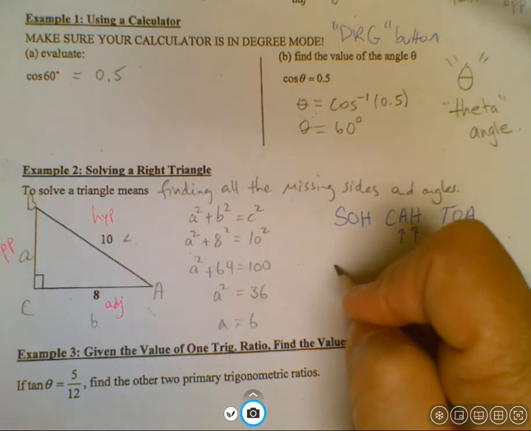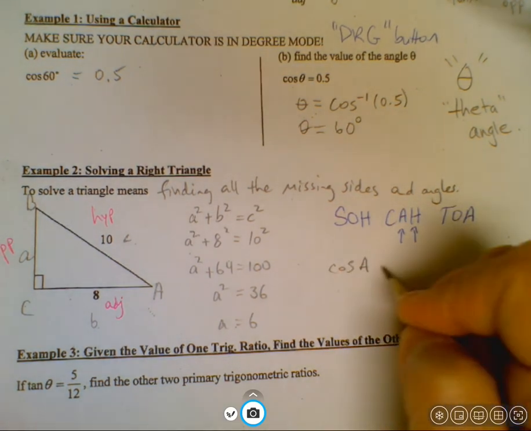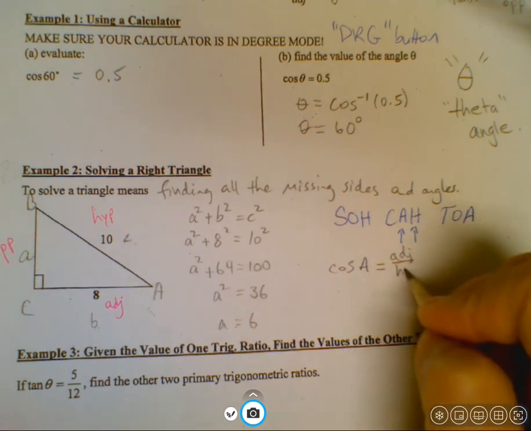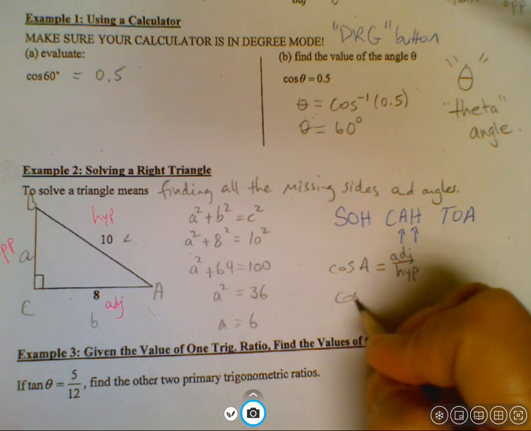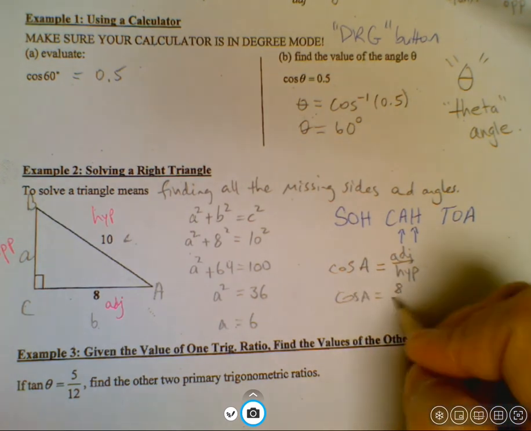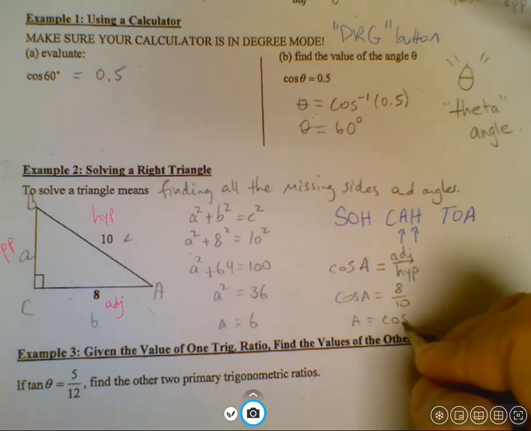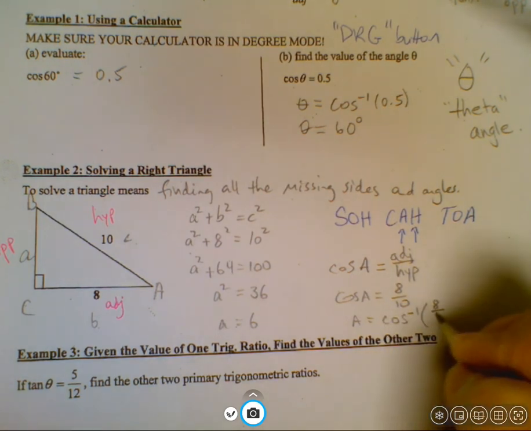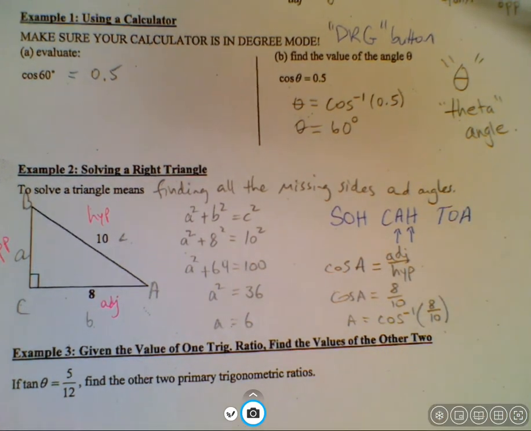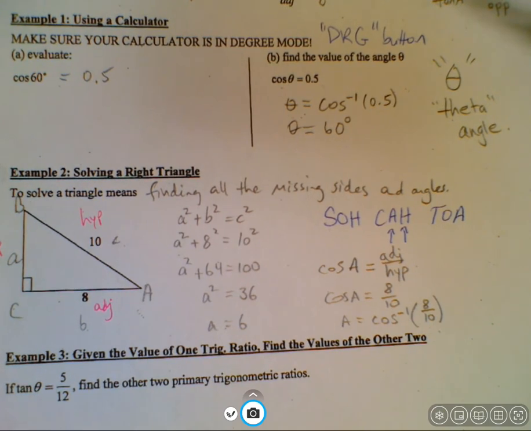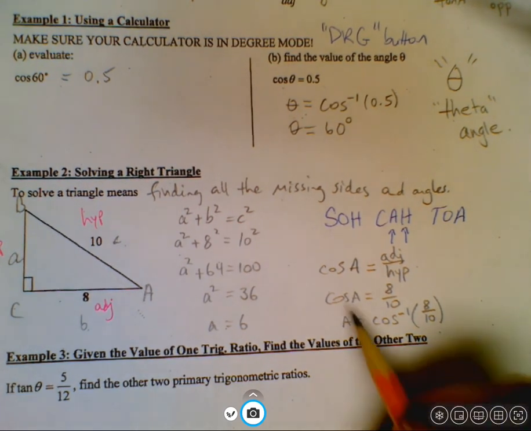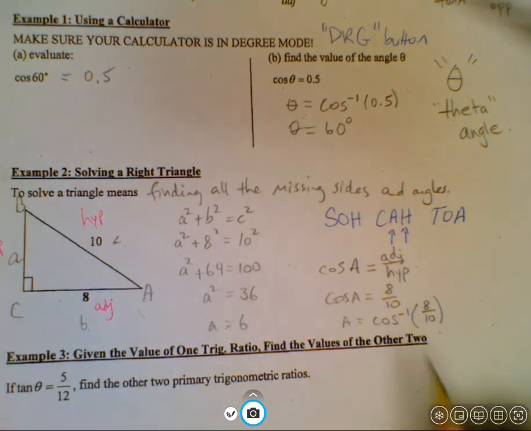So I write it like this. I go cosine of A is equal to adjacent over hypotenuse. So cosine of A is equal to 8 over 10. So A is equal to inverse cosine of 8 over 10, right? When we're finding the angle, we have to inverse cosine to undo this cosine and get the angle alone.